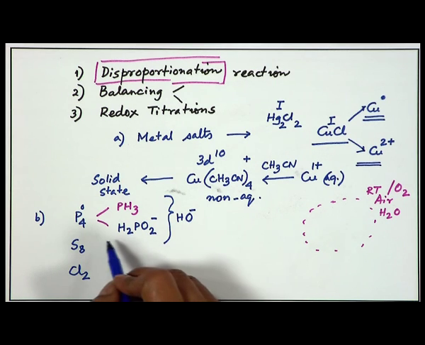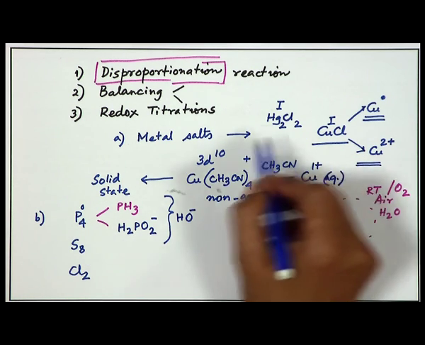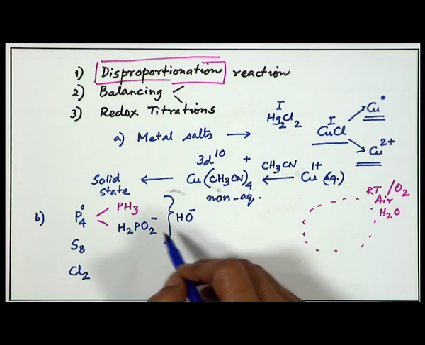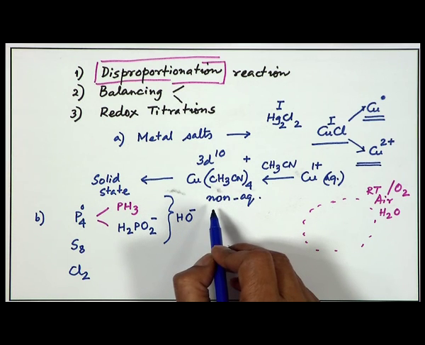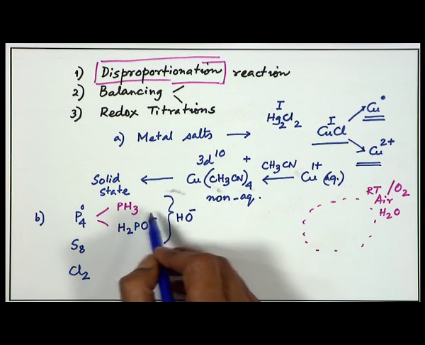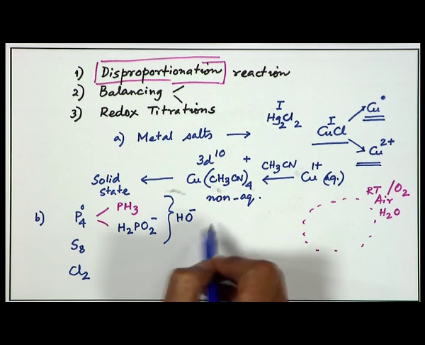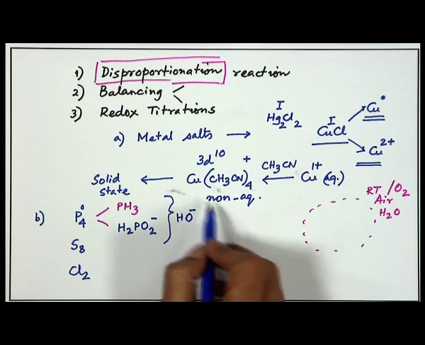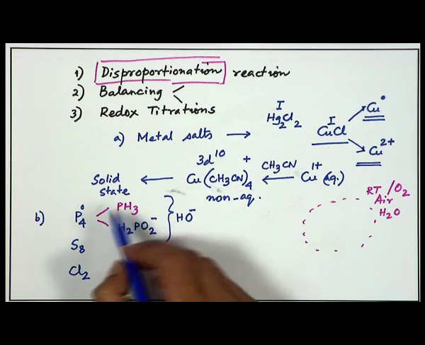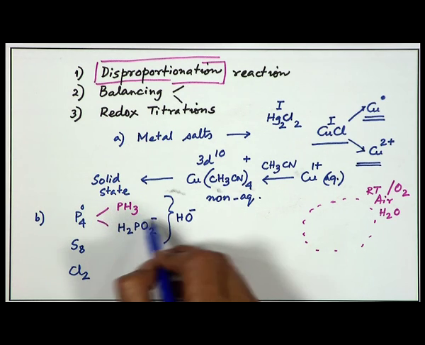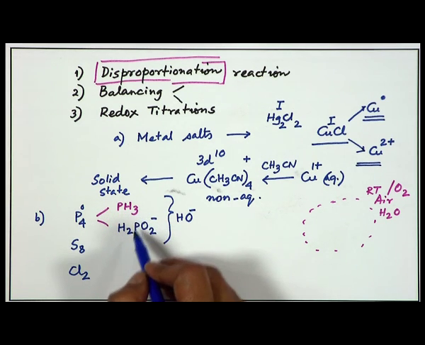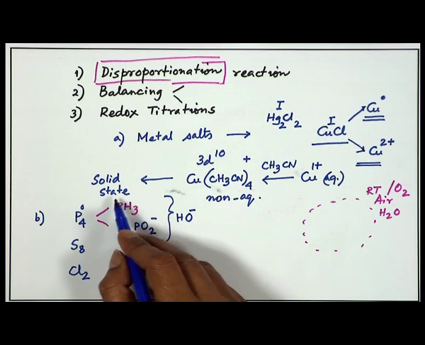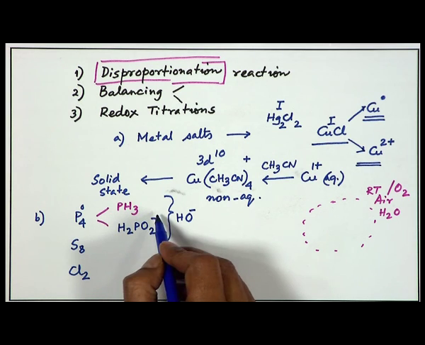So, this particular disproportionation reaction is much more complicated compared to our UV photolysis of mercurous chloride, where we have seen that simple heating of mercurous chloride can give two products. Here we should know the typical reaction condition, and sometimes the products, PH3 and H2PO2 minus, are not very obvious.